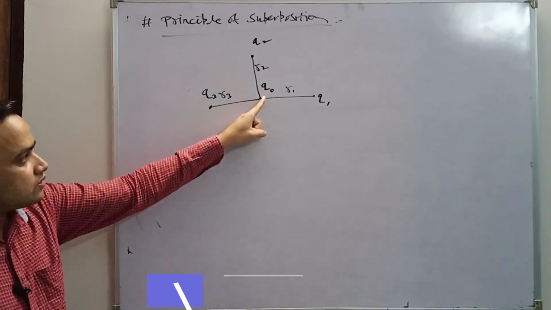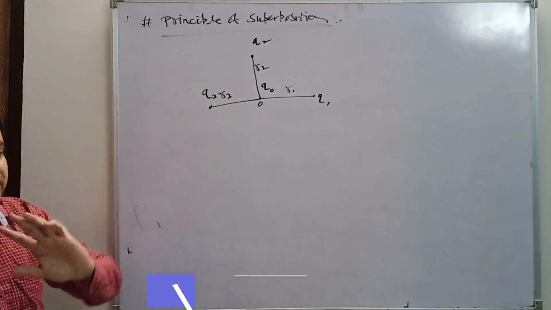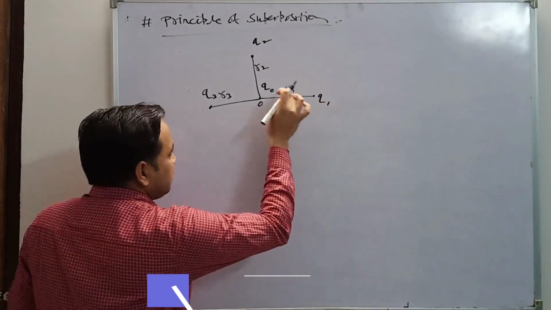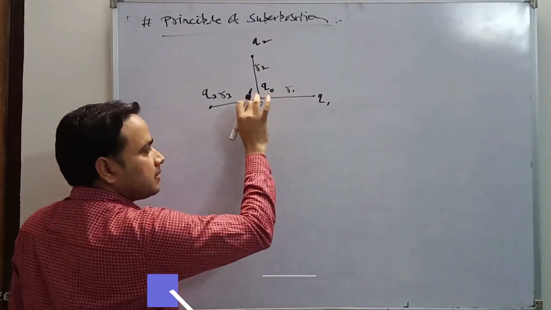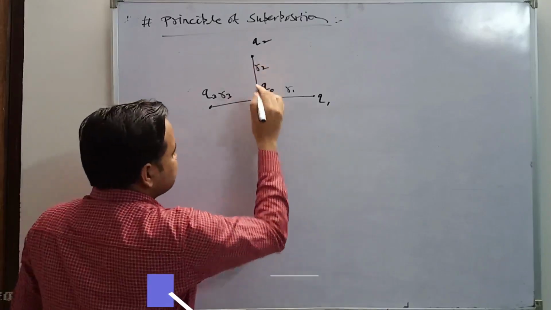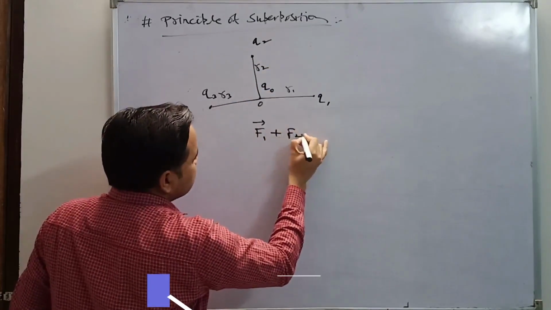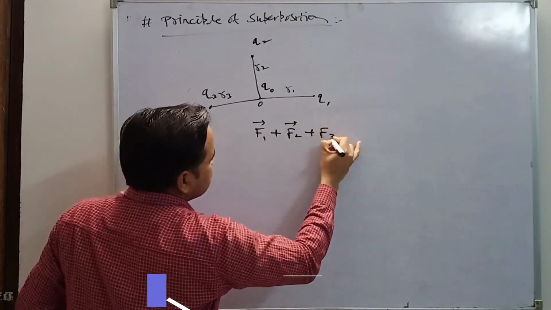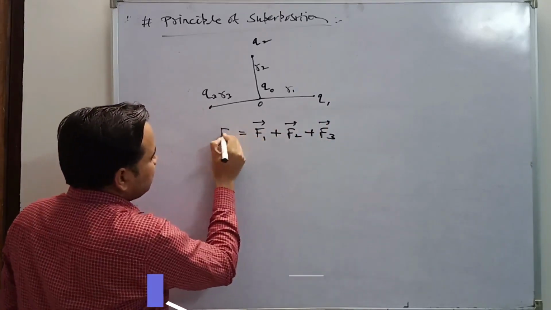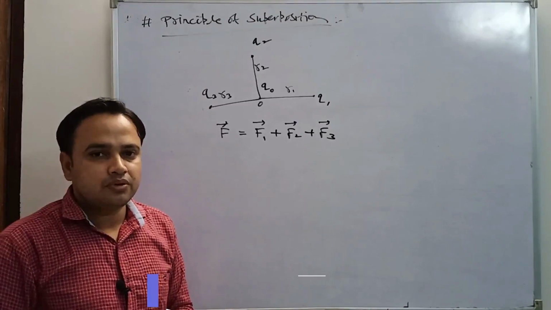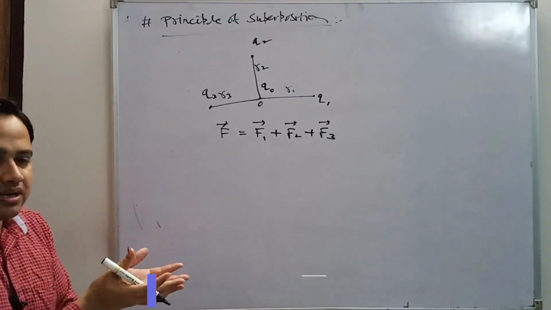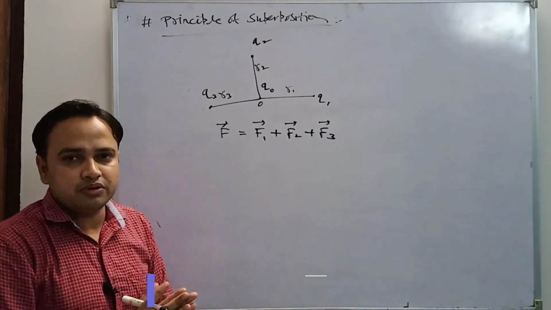So what is the net force on this charge? Suppose the first charge applies a force F1 on this charge, the second charge applies force F2, and the third one F3. So this is the total force on this charge q0. In simple words, this is the principle of superposition.